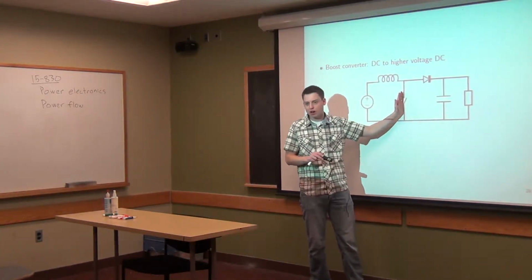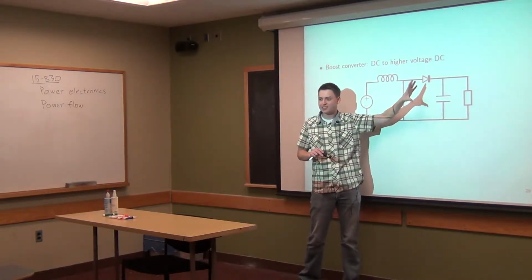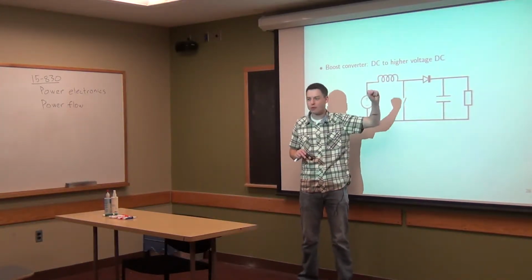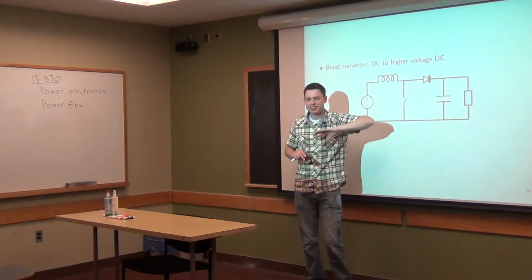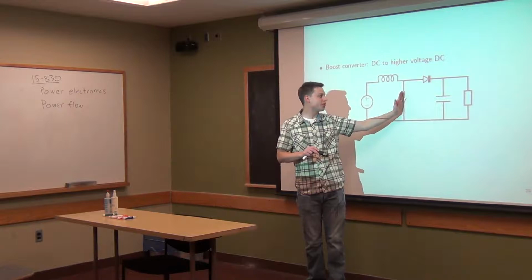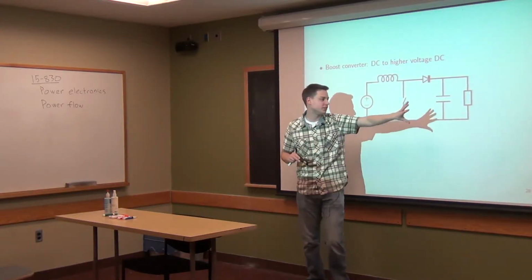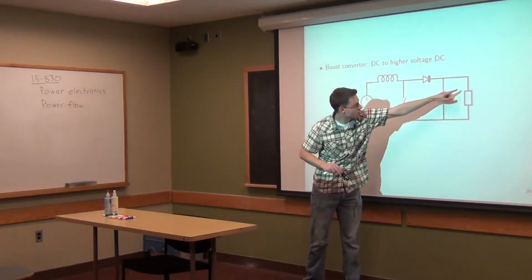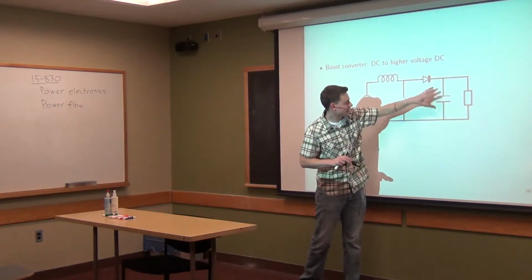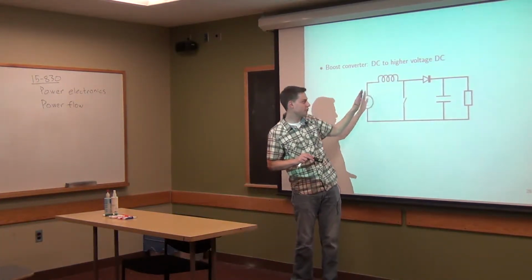If it's always on, what actually happens here is that charge will keep building and building in this capacitor, and you'll get higher and higher voltage here. If this is always on, you will eventually get an infinite amount of voltage on this side, because current can flow this way and keep building up, maintained by this inductor that maintains the current flow.